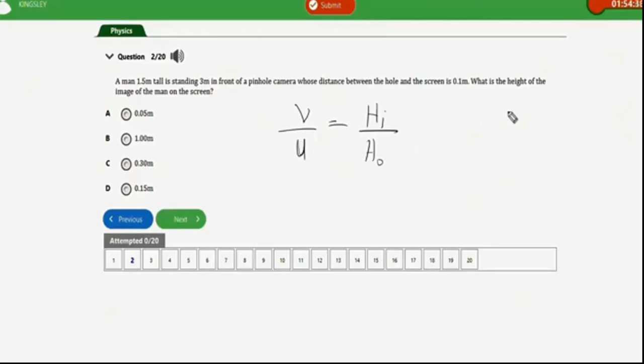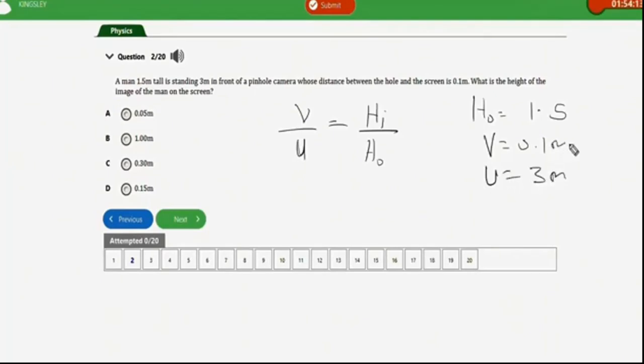In this question, we have our ho, that's object height, to be 1.5, our image distance v to be 0.1, and our object distance u to be 3.